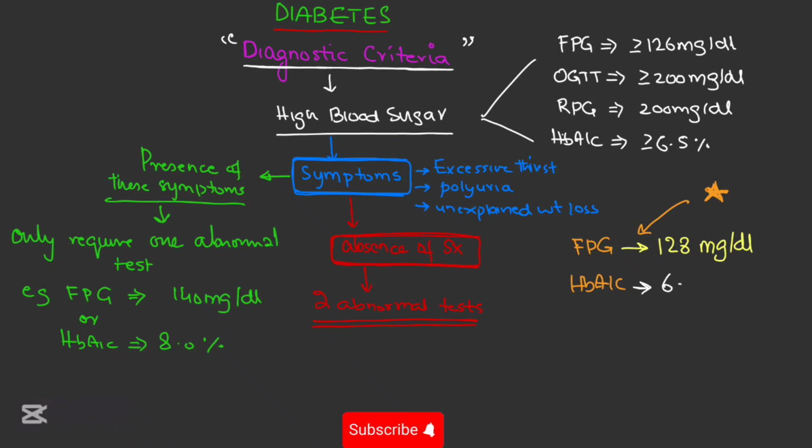The fasting plasma glucose is clearly above the cutoff value and the HbA1c level is below the cutoff value. So in this scenario, what are we going to do? In such a situation, we are going to repeat the test that is abnormal, in this case the fasting plasma glucose, and if the repeat test comes out to be more than the cutoff value of 126 mg per dl, then the diagnosis of diabetes is confirmed.